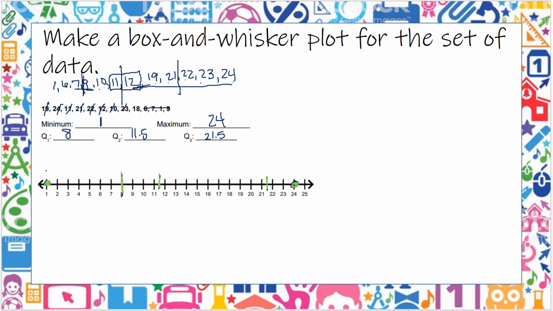Okay, so quartile 1, 2, and 3 all get lines because they're making a box. Not the prettiest box, but you get the idea. Okay, and this is the whisker, and this is the whisker. So you have your box and whisker.